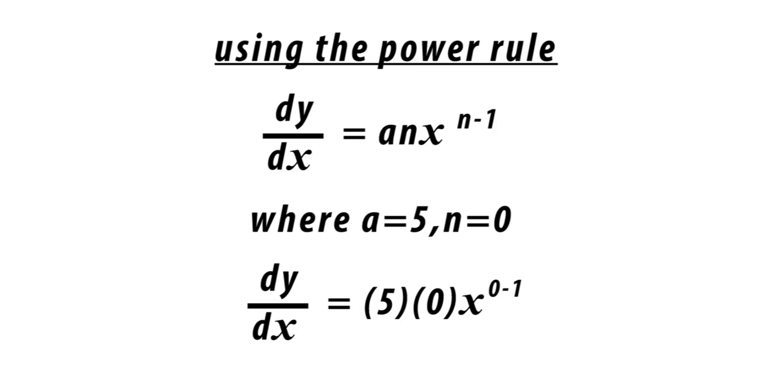And so dy dx becomes 0. I hope that is clear. Good. That is for any constant number represented maybe by c. If f of x is equal to c, then f prime of x is equal to 0, or dy dx is equal to 0. We can also write d dx of c is equal to 0.